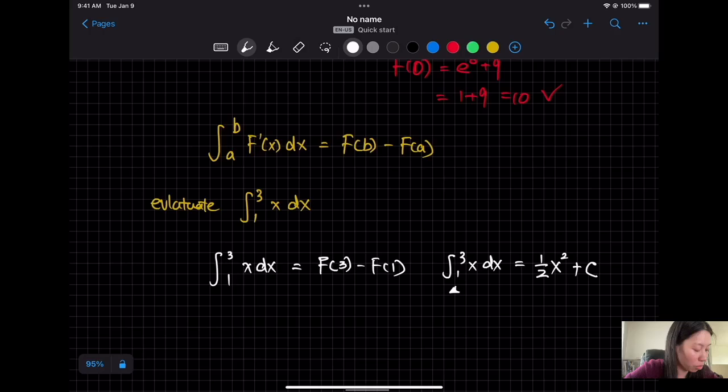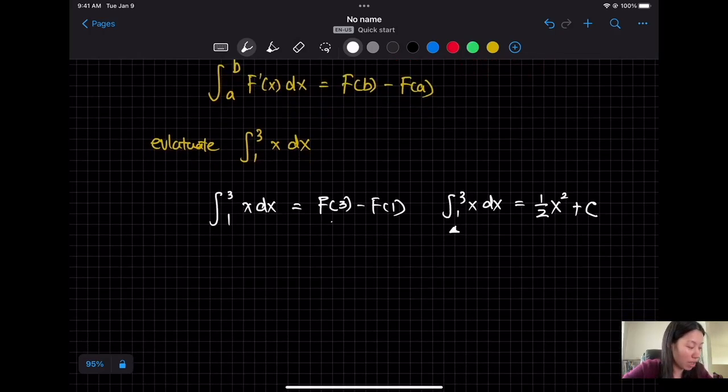Here, I'm going to show you. So the original function is 1/2 x squared plus c. So that means f of 3 minus f of 1 equals 1/2 times 3 squared plus c minus 1/2 times 1 squared plus c.